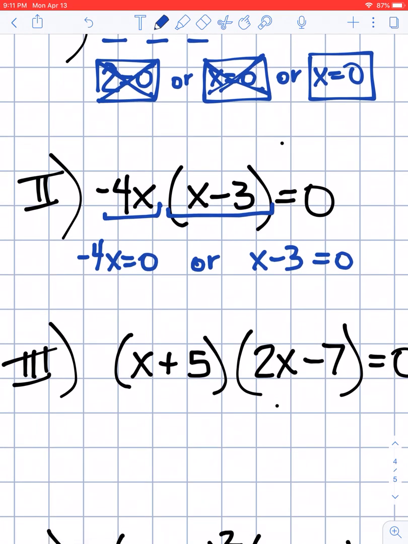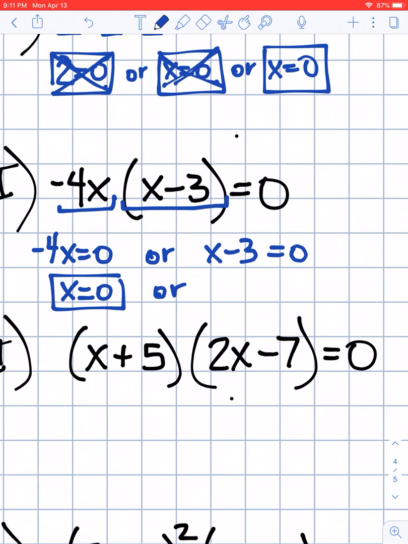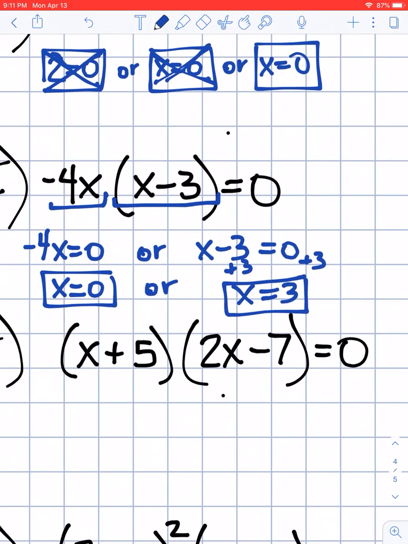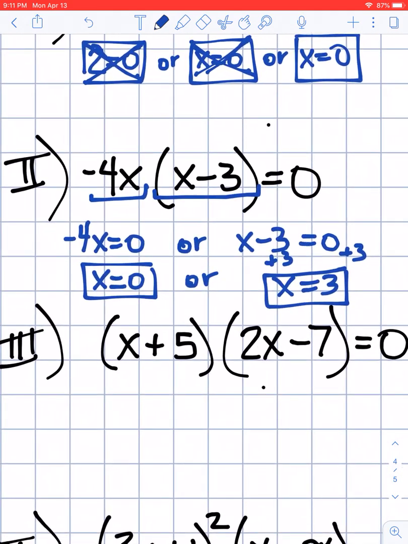In this first case, x has to be 0 again, just like in the last problem. So there's one possibility. Or x minus 3 has to be 0, and for this to be true, remember we would add 3 to both sides, and so we'd get x is equal to 3. So there are our 2 answers for problem number 2.